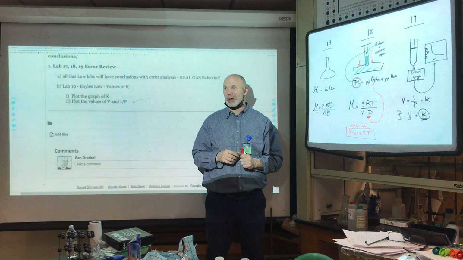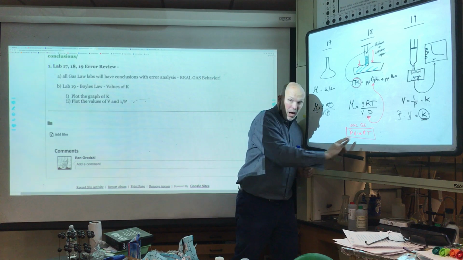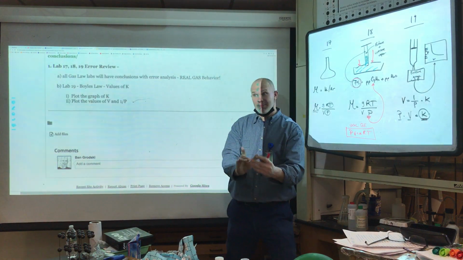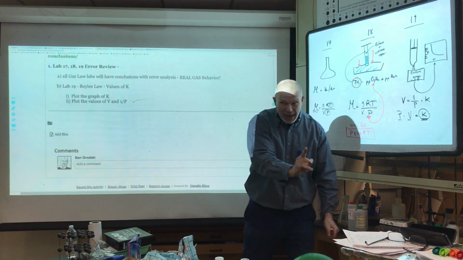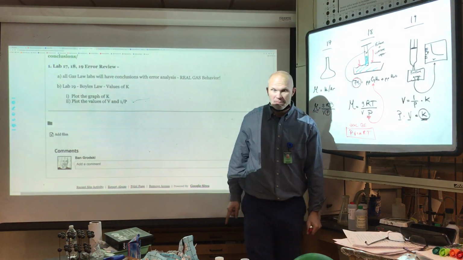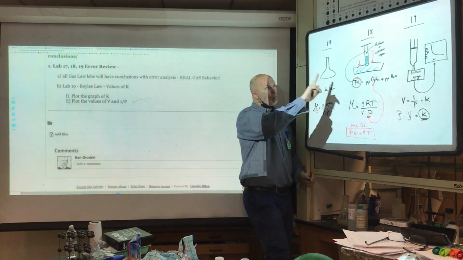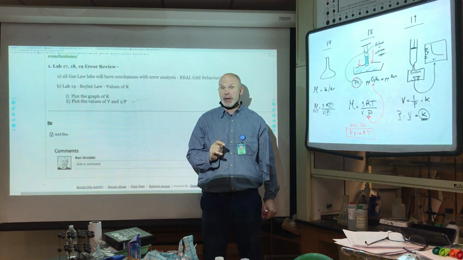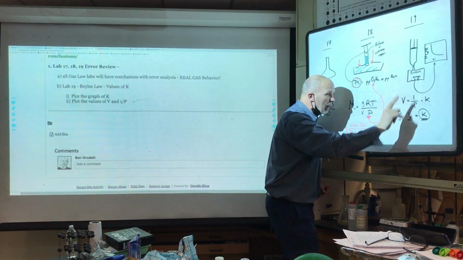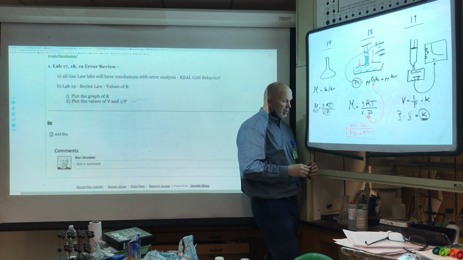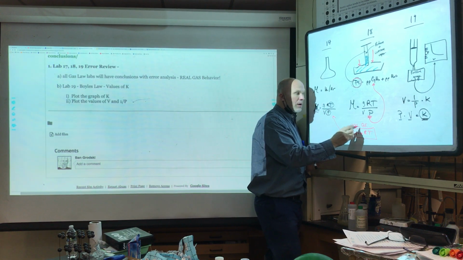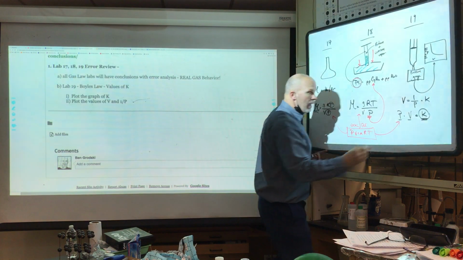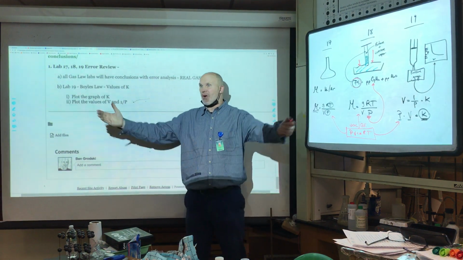Why is it the ideal gas law equation? Because what we solve would be perfectly correct if the gases acted perfectly ideal. They don't. So every one of our labs has error built in, because every one of our labs uses equations derived from relationships that assume gases are ideal.